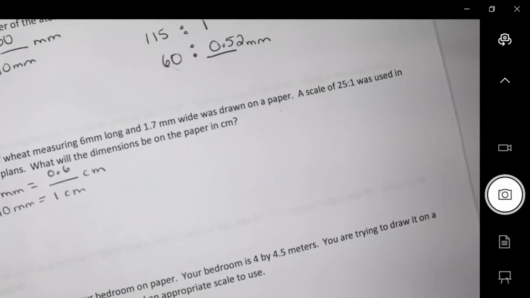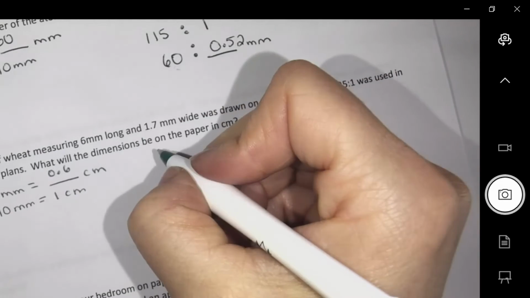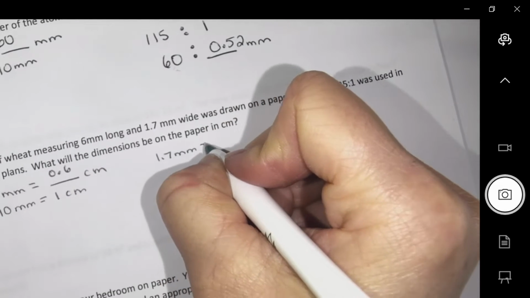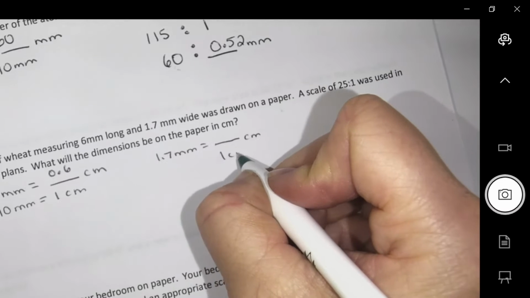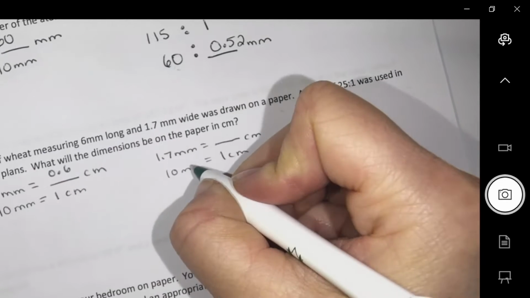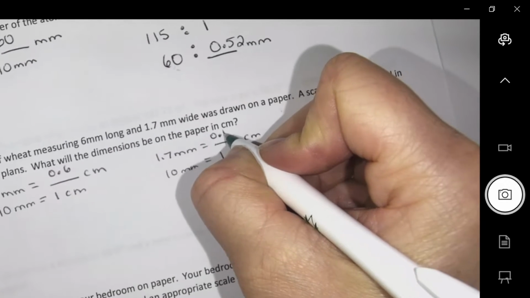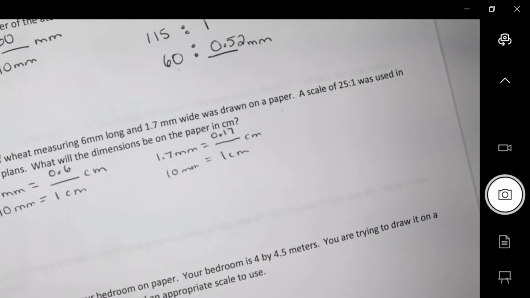This is going to be a decimal. So both of those dimensions are decimals.